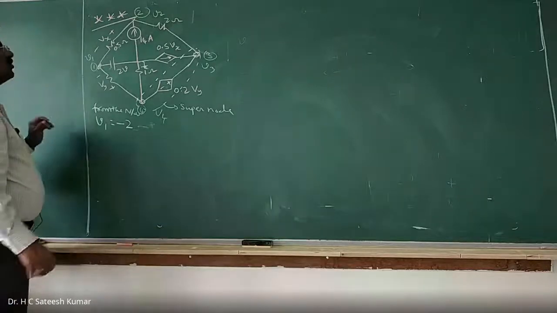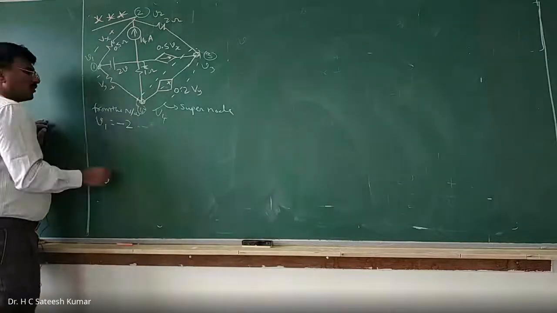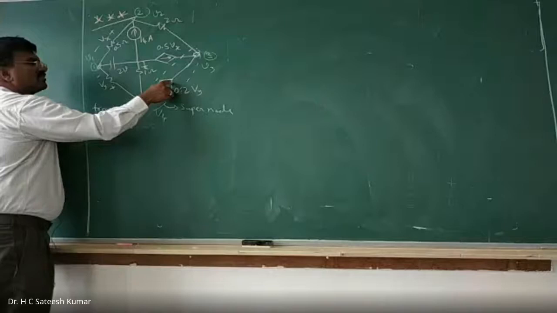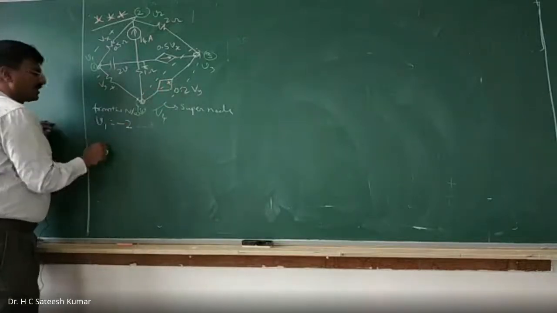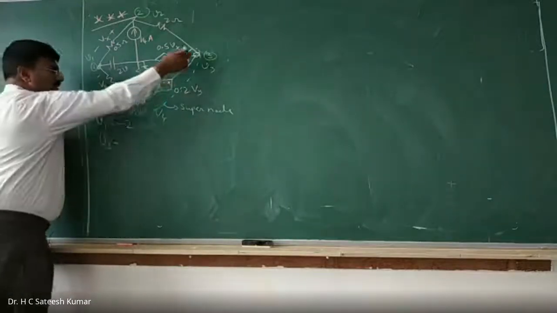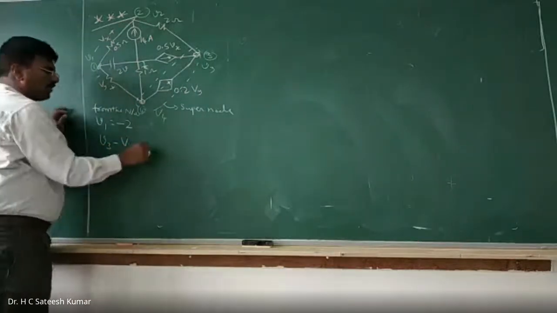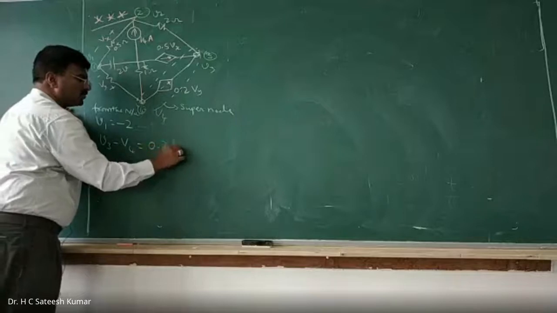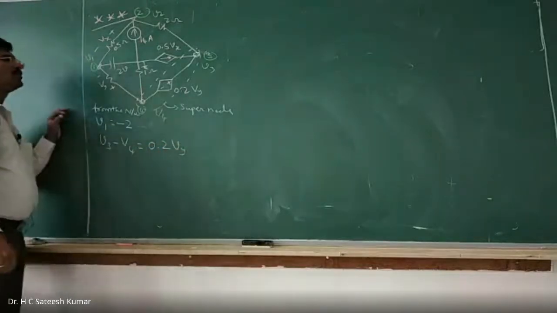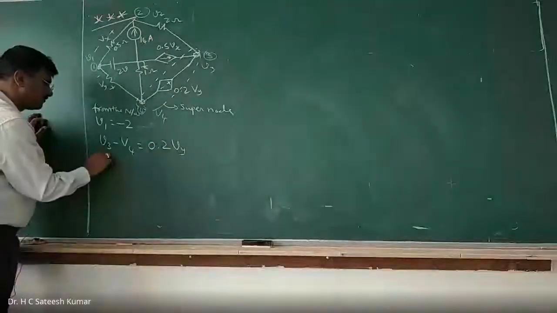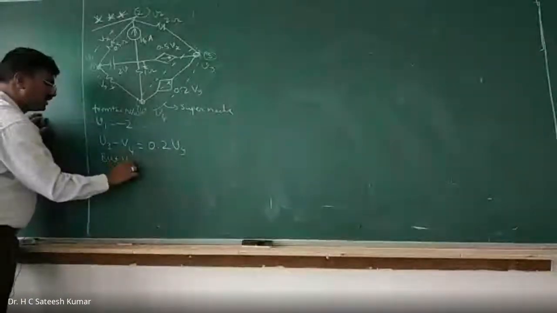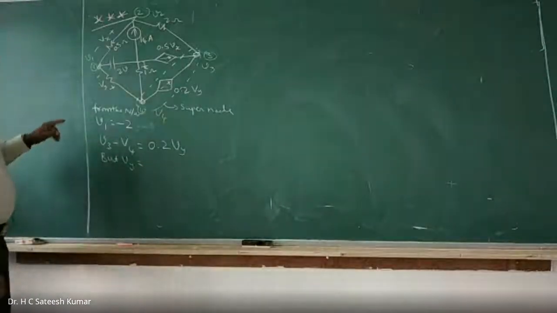Next. What about this one from the supernode? From the supernode, we have this side plus minus this side. You can write V3 minus V4 is equal to 0.2 Vy. But what is Vy?